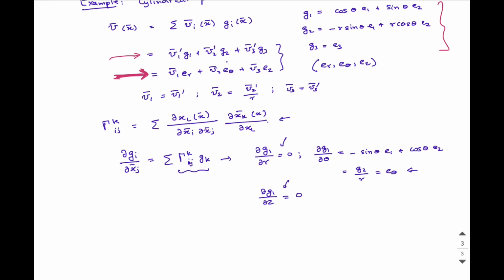And what do you get at the end of it? Again, I'll summarize the final result. You have gamma 2 of 1, 2 as 1 over r, and this is the same as gamma 2 of 2, 1. Remember, it's symmetric with respect to i and j. Then you have one more quantity, gamma 1 of 2, 2, which is minus r, and all the rest are 0.